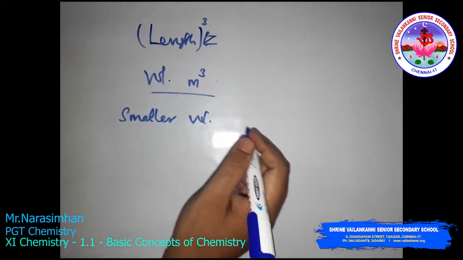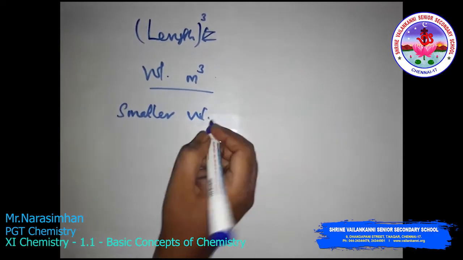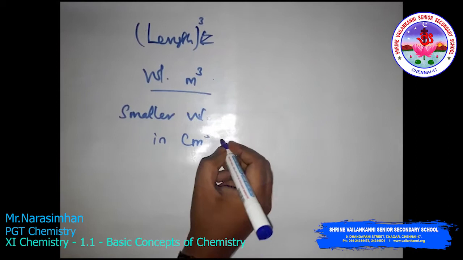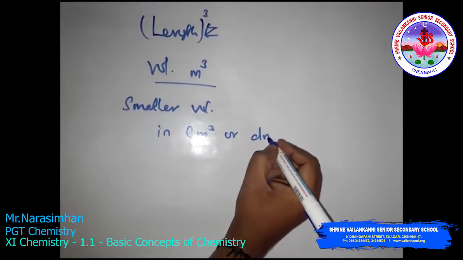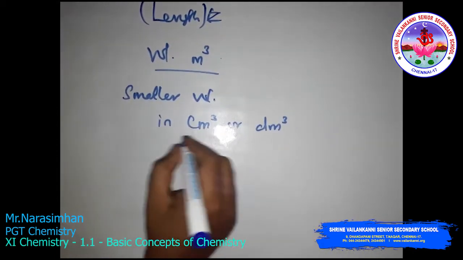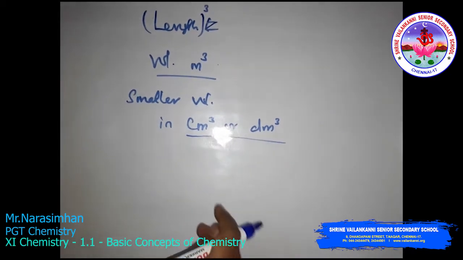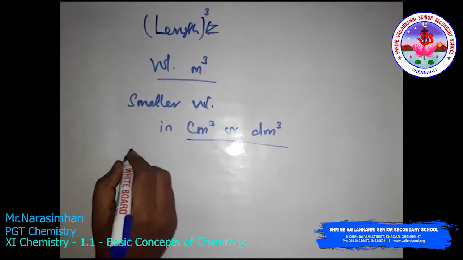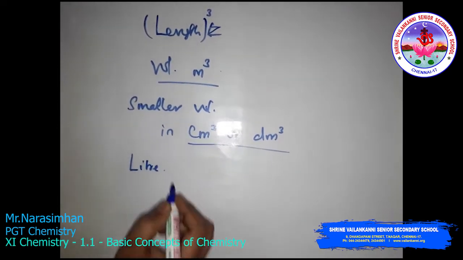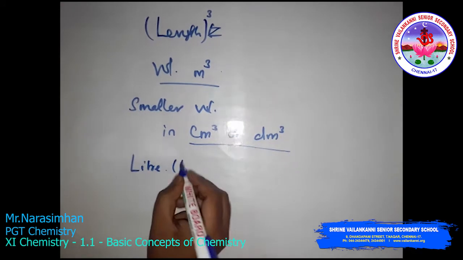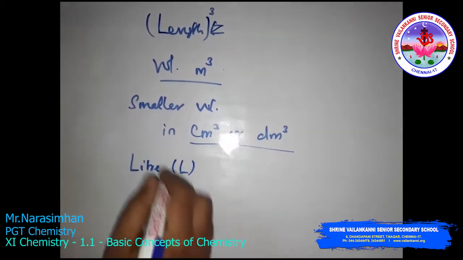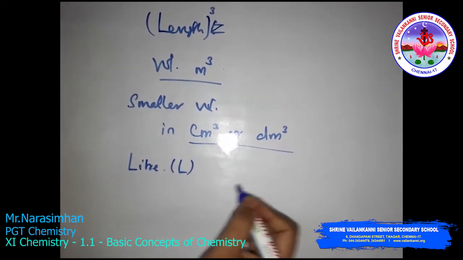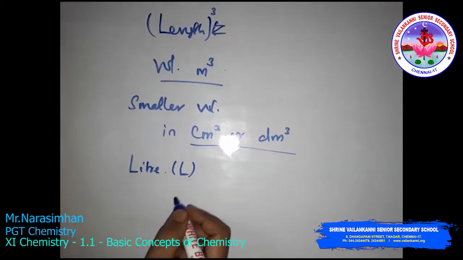So volumes are often denoted in centimeter cube or decimeter cube. A common unit is the liter, whose symbol is L, which is not an SI unit. It is used for the measurement of the volume of liquids.